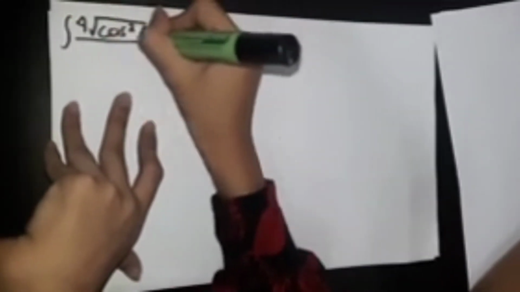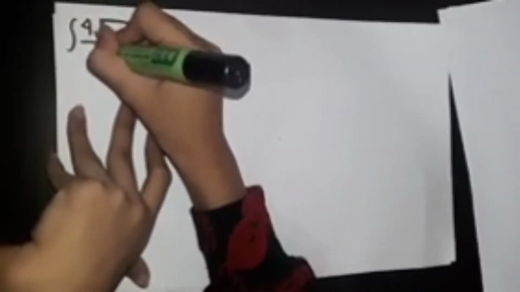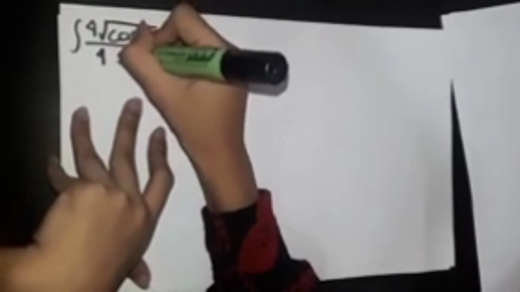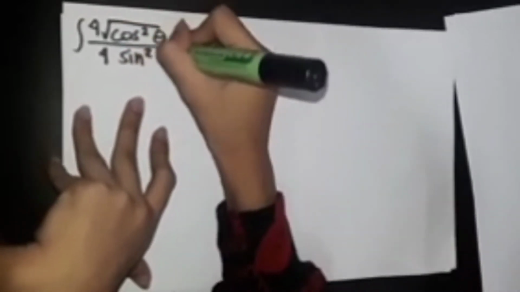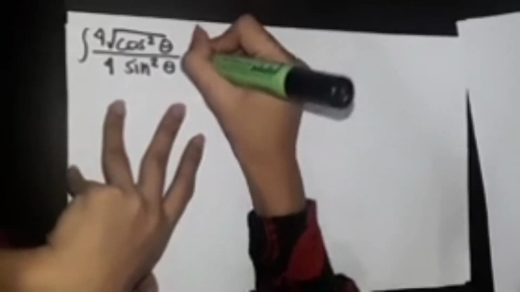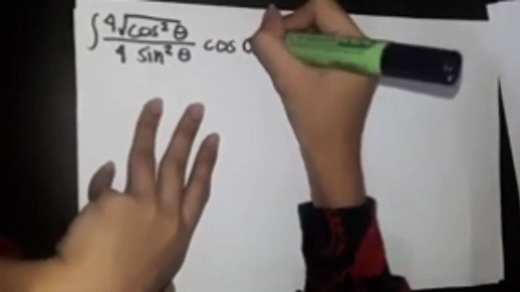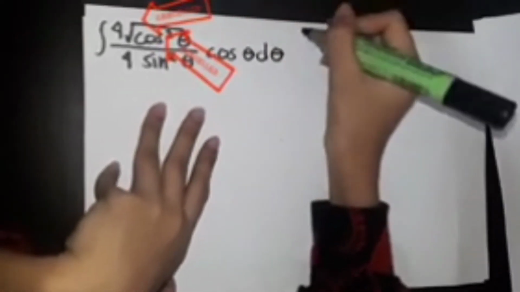We have the integral of the square root of 16, which is 4, square root of cos squared theta over 4 sine squared theta, and cos theta d theta.